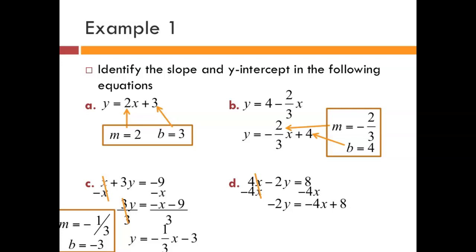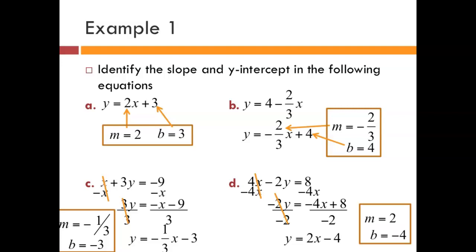And now I'm going to divide both sides by negative 2. That leaves me with y on the left, and on the right, negative 4 divided by negative 2 is positive 2, so it'll be 2x, and then 8 divided by negative 2 is negative 4, so this is going to be 2x minus 4. And now we can easily find the slope and the y-intercept. The slope is going to be 2, and the y-intercept is negative 4.